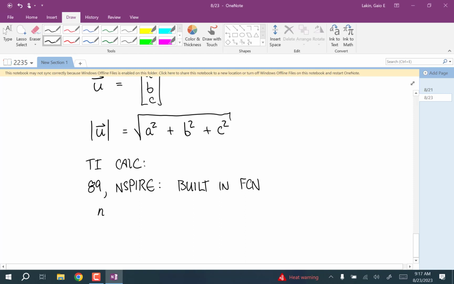And that function is called norm. So if you want to calculate the magnitude of the vector 3, 4, 0, type it like this, and it'll give you the answer, 3 squared plus 4 squared square root is equal to 5.